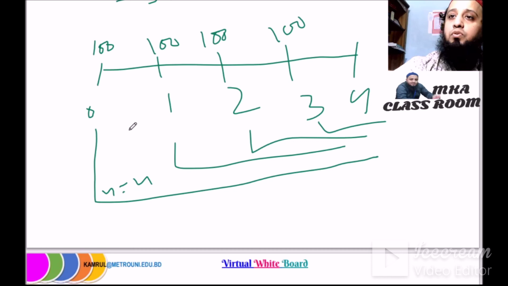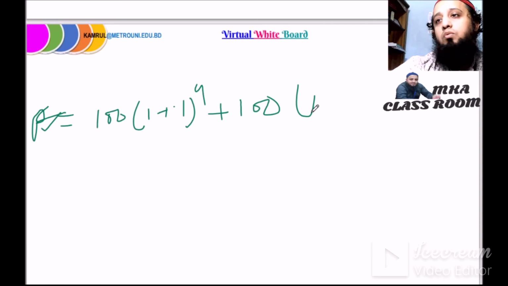You can solve it this way. Future value FV equals 100 times 1.10 power 4 plus 100 times 1 plus 0.10 power 3 plus 100 times 1 plus 0.10 power 2 plus 100 times 1 plus 0.10 power 1. Then you can calculate it by your calculator, and the result should be 510.51.